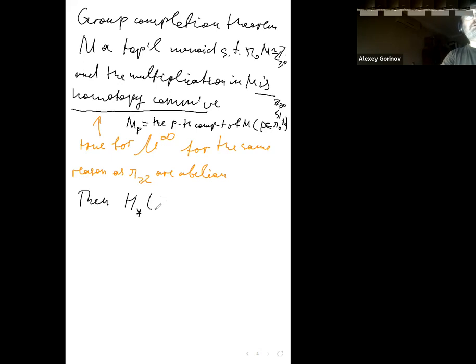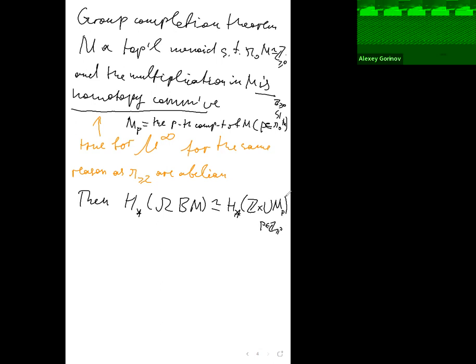Then I have an isomorphism between the homology of omega BM, and the homology of Z cross the union of all M_P.